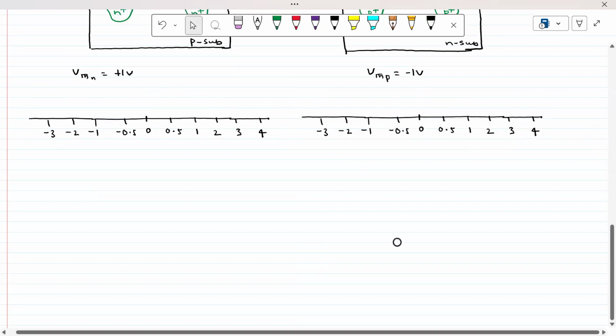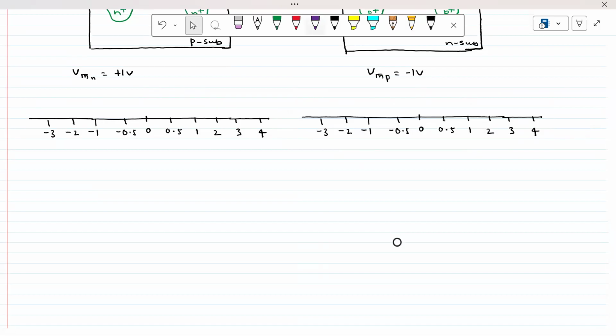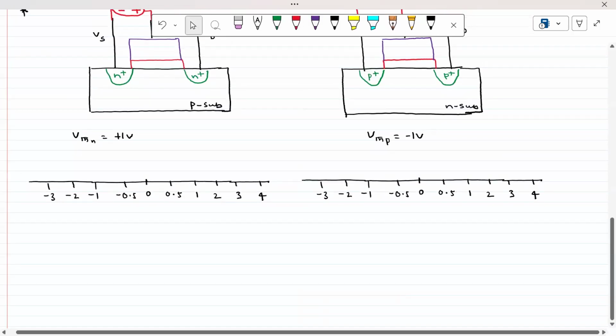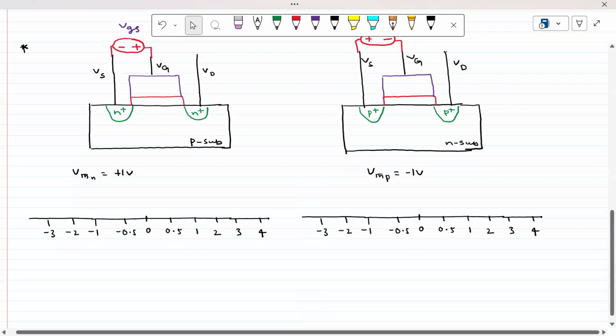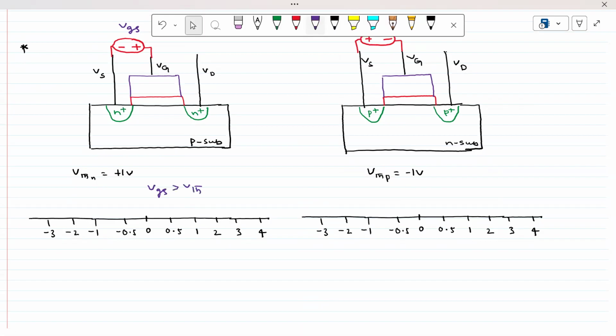Now tell me, what is the condition for the NMOS transistor to be on? VGS value should be greater than the threshold voltage. If this has happened, then the transistor is said to be on. When the VGS value is greater than the threshold voltage of an NMOS transistor, the transistor is on.